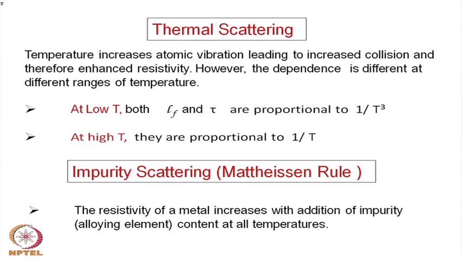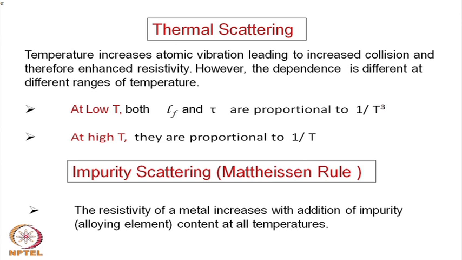that both LF and tau, tau is the relaxation time. I think it was introduced earlier, but not discussed that much. Tau is the relaxation time, that is the time elapsed between two consecutive collisions. So, LF is actually the distance, and tau is the time.